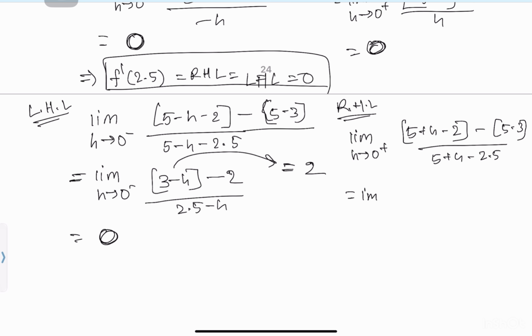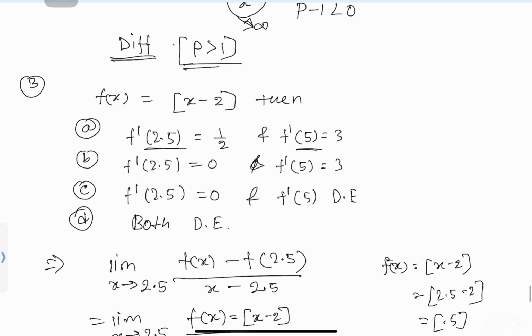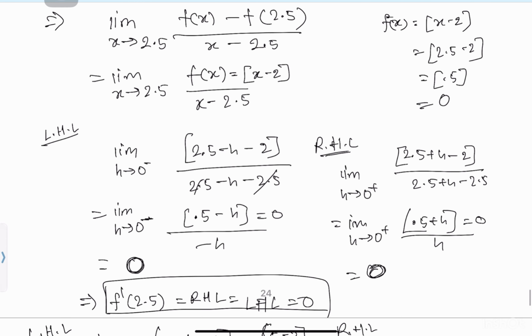Here 5 plus h minus 2 is 3 plus h, and the box function of 3 plus h gives 3. So the limit is 1 by 3 minus 2, over 2.5 plus h, which goes to infinity, that means 1 by 0. So this limit does not exist. That means the function is not differentiable at x equal to 5. So option C should be the correct option here.